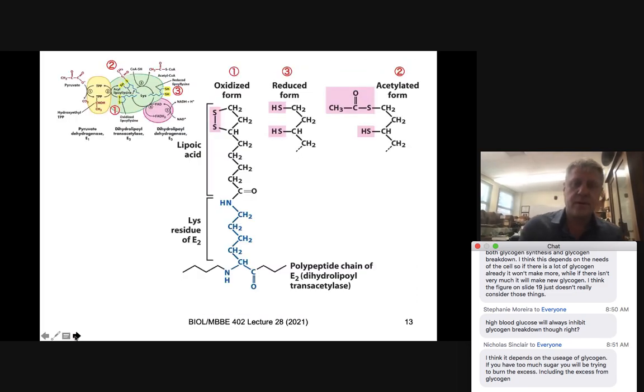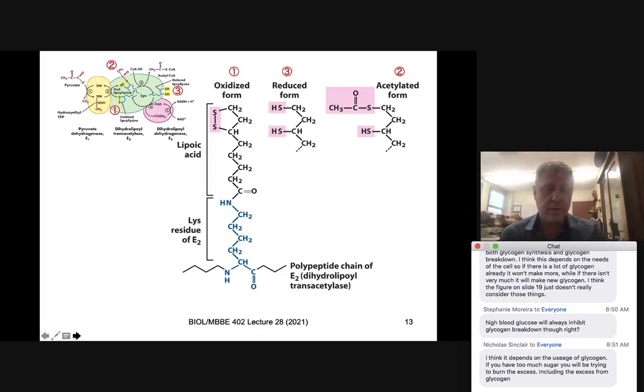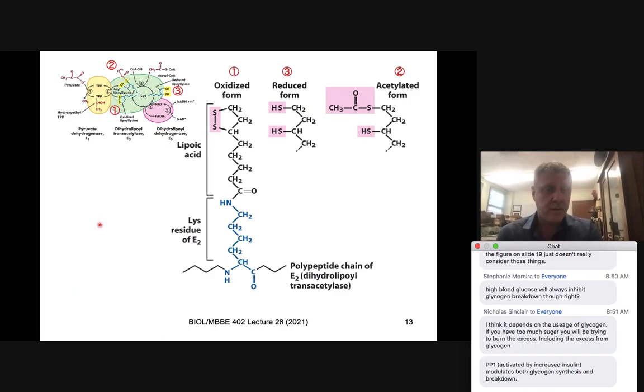Okay, so I'll stress again the lysine residual arm on E2, the dihydrolipoyl transacetylase enzyme, which gives us this oxidized, reduced, and acetylated form to allow us to participate in that particular high energy reaction, causing the release of the acetyl CoA, which is going to be now the intermediate going specifically into the TCA cycle.